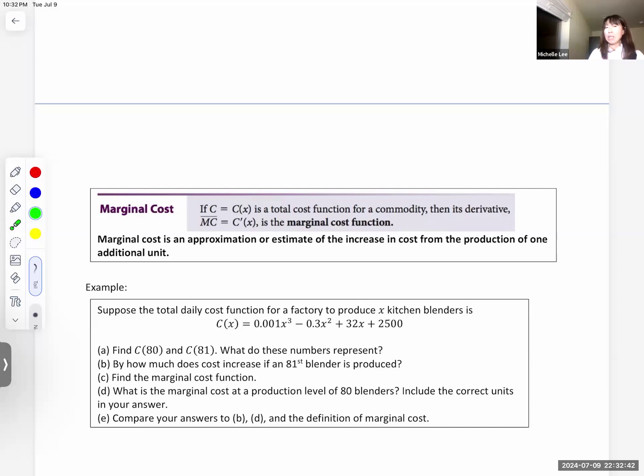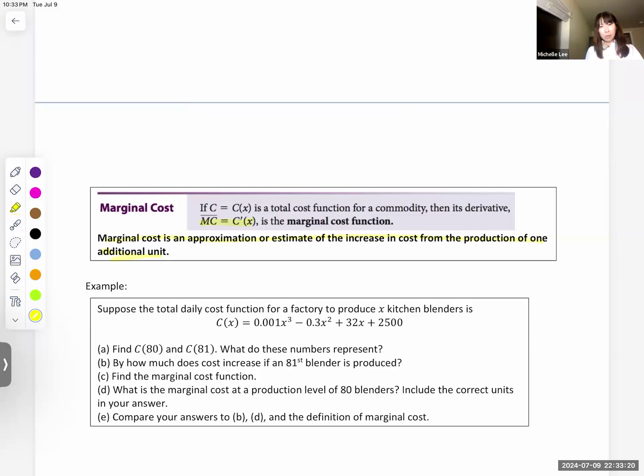Similar concept. Because for the cost, they also want to know about the production of one additional unit, right? So if the company has a cost for 50 items, they want to know about the one additional one, the 51st. Yeah, then they're using marginal cost.